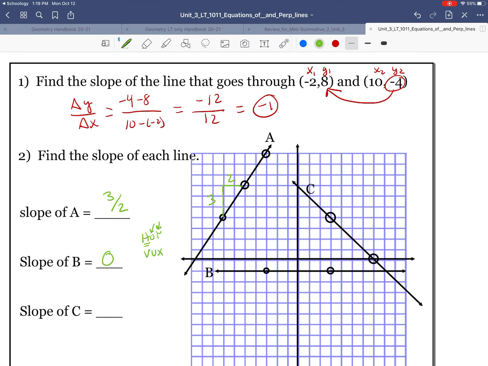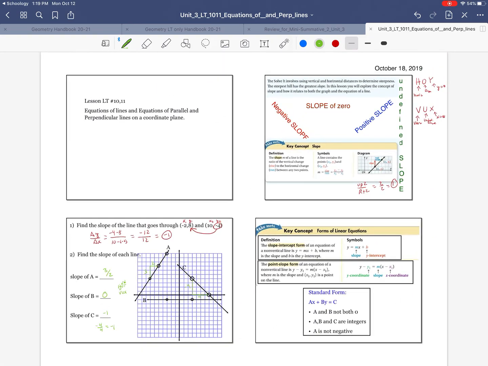C is a decreasing line, and I go down 4 to the right 4, which is negative 4 over 4, which is negative 1. Again, always reduce your slope. So that's a little reminder of slope.